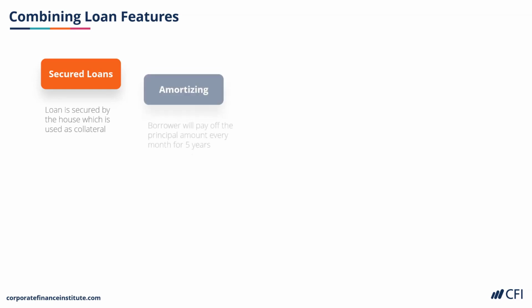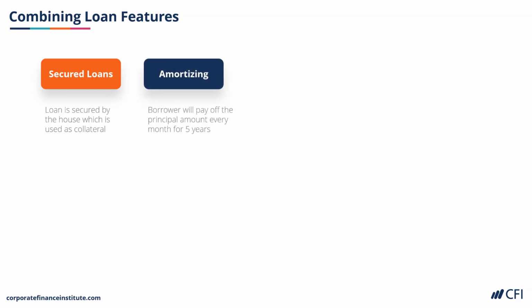Let's look at how we can combine loan features for specific types of lending products. We can take security as the first feature. An example of security would be a loan that's backed by a house as collateral. Another feature might be the fact that it's amortizing. Say, for example, it has 5 years to be repaid in equal installments over those 5 years.